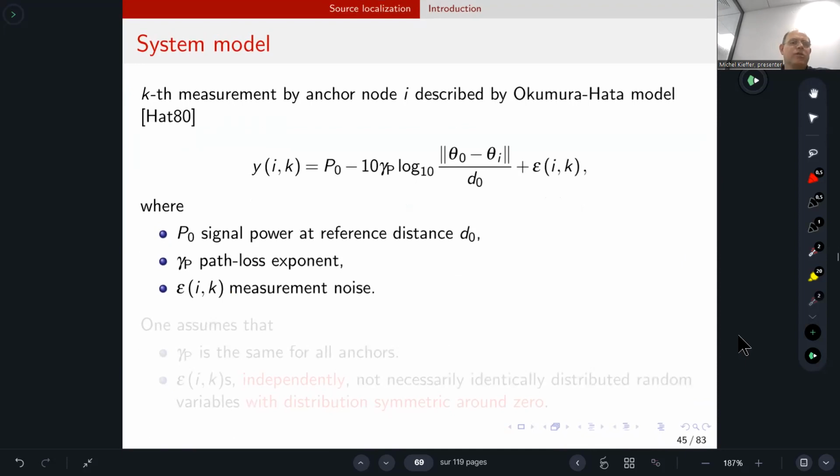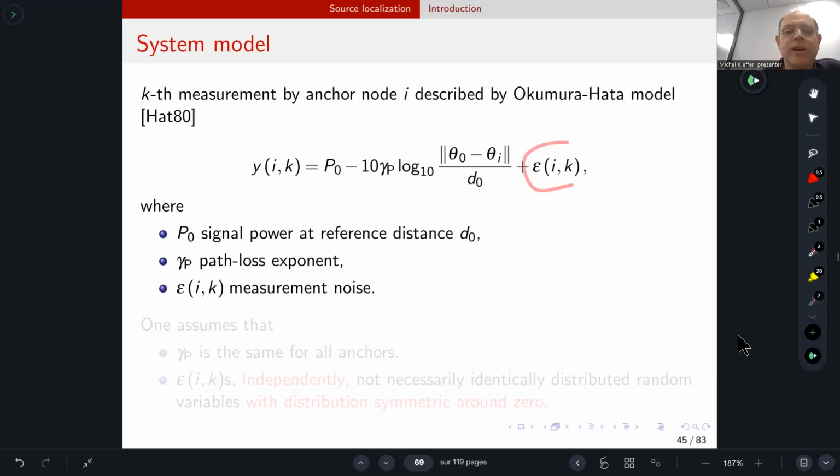Okay. So what we'll consider is an Okumura-Hata model. This is a classical model of the attenuation of the received wave. So this is a power at some reference distance d0, gamma p is a path loss exponent, and we see that we have a decrease which is proportional to the path loss exponent and to the distance between the object and the i-th anchor.